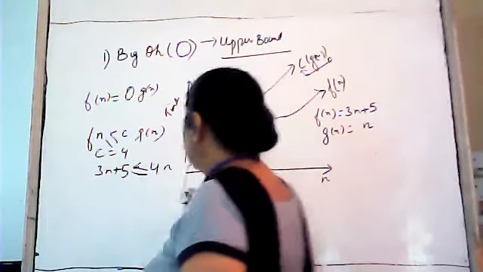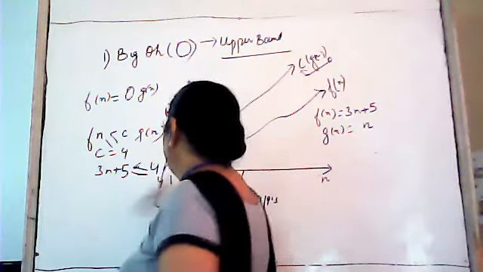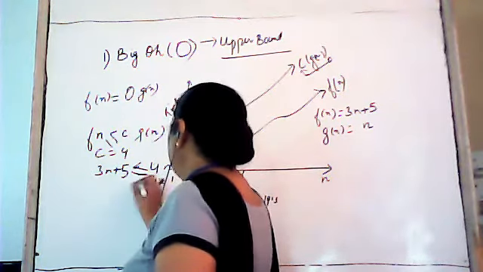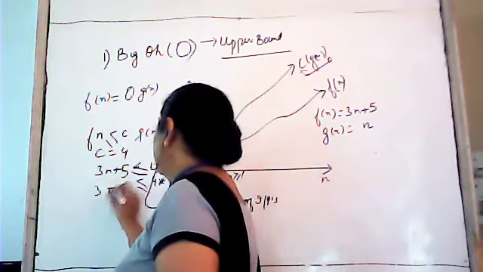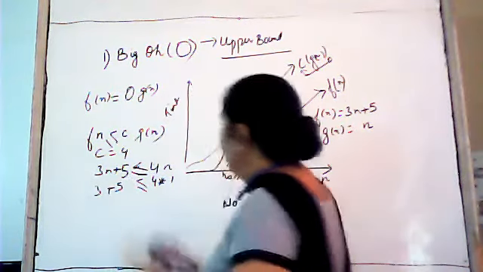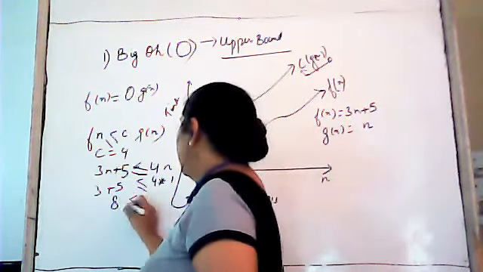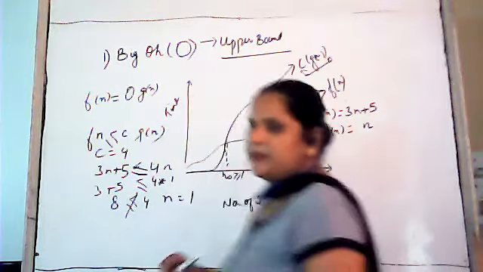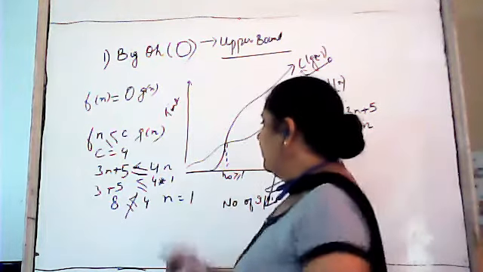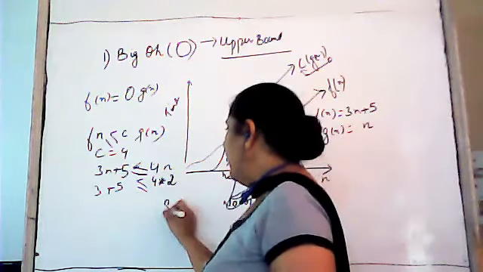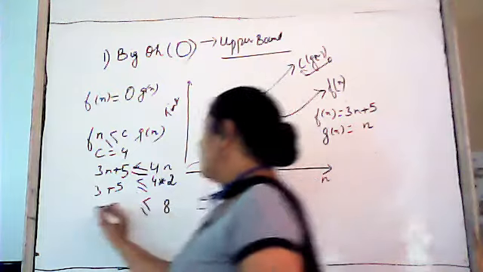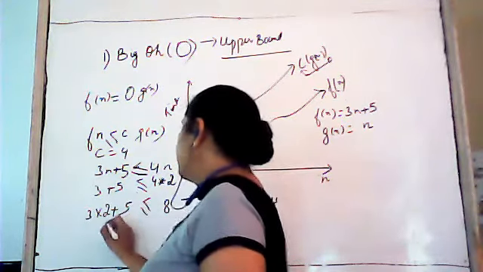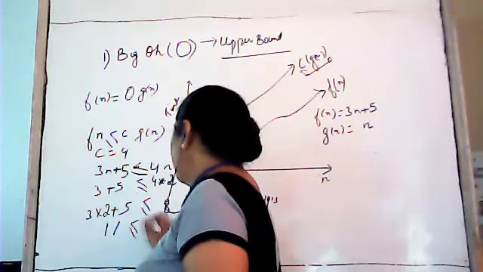Now, let us substitute values for n. If I substitute 1 into n, I get 3 plus 5, which is 8. 8 is not less than or equal to 4 for n equal to 1. Then substitute 2. 4 into 2 would be 8, and 3 into 2 plus 5 is 6 plus 5, which is 11. 11 is not less than or equal to 8.